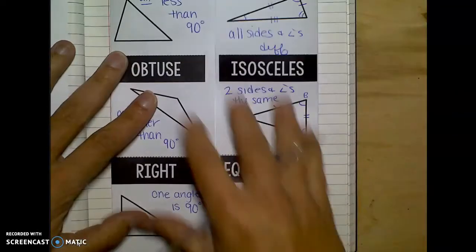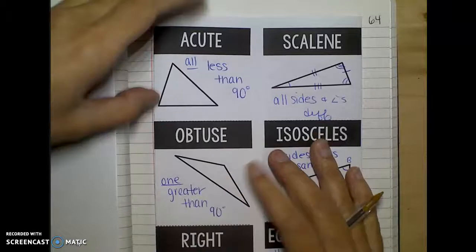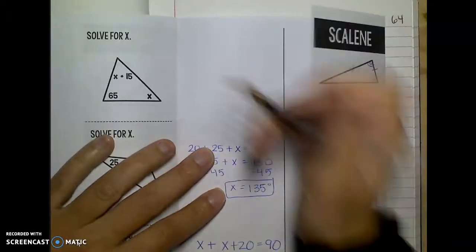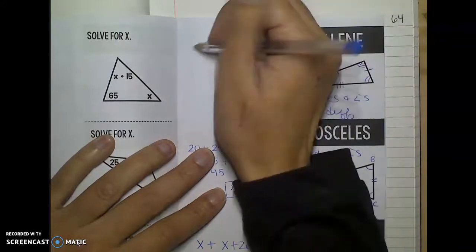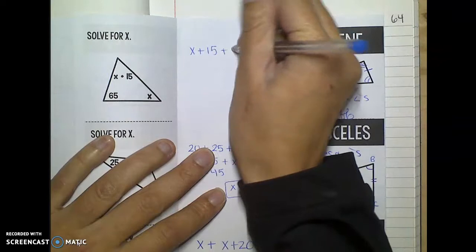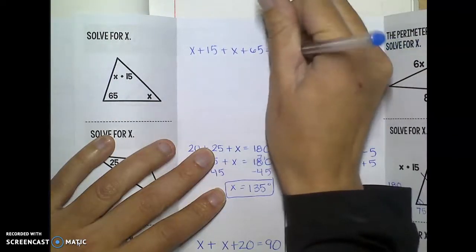Okay, last but not least, at the top we have our acute and scalene. So if we look at the acute side, we're hoping that all these angles are going to be acute, but I'm just going to use the triangle sum theorem again. So x plus 15 plus x plus 65 equals 180.